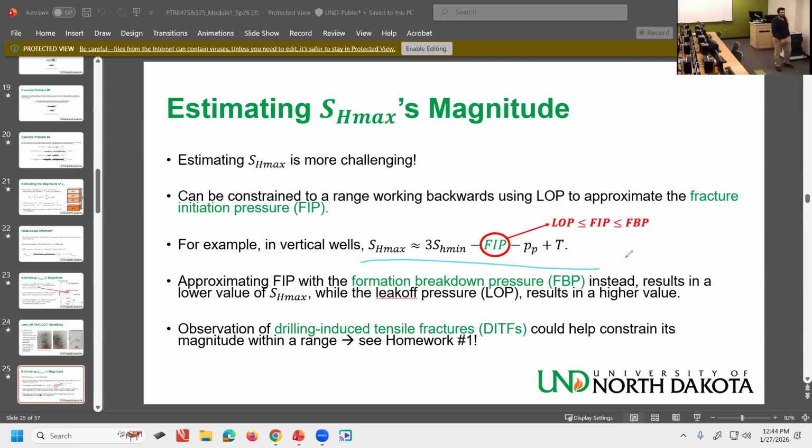They are called drilling-induced tensile fractures. And they show up on image logs, which is an image of the borehole. So you can see those DITFs. Those DITFs have the same DNA as the hydraulic fractures that you do during stimulation.